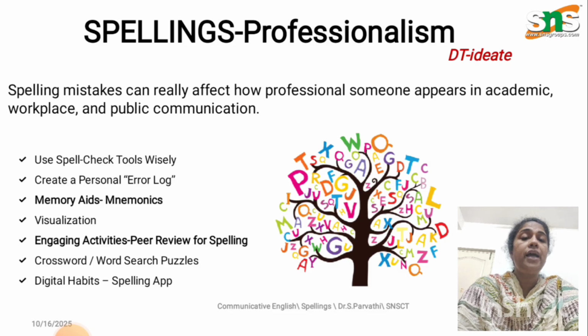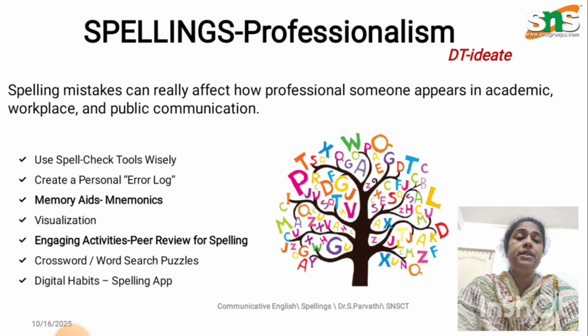Before sending something to someone, you have to do a spell check more than once. You can also create an error logbook, where you note down the words you make mistakes in. Then there are memory aids like mnemonics.